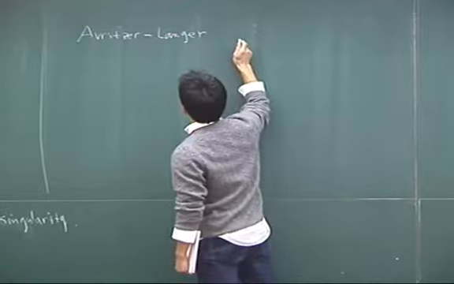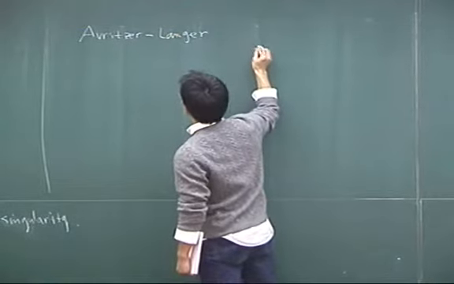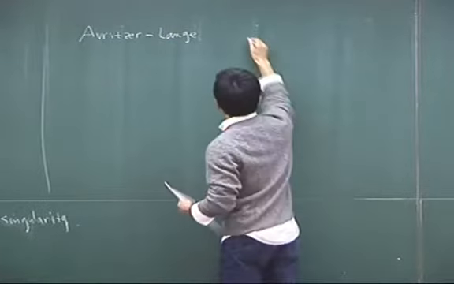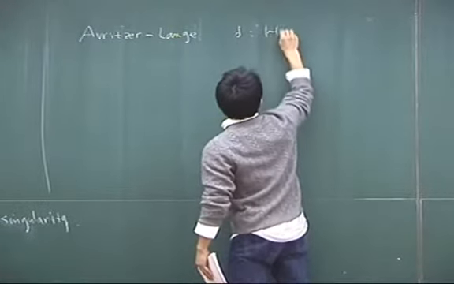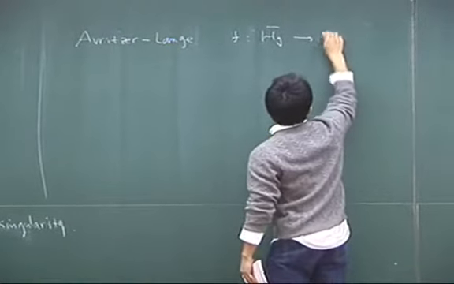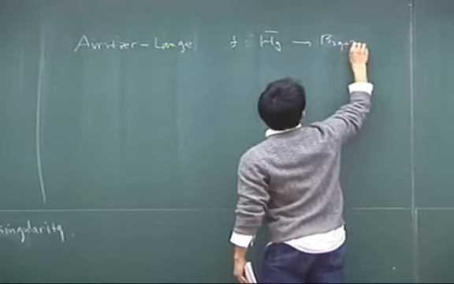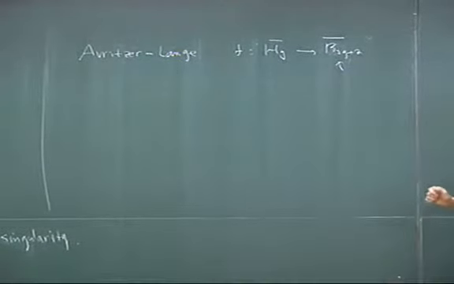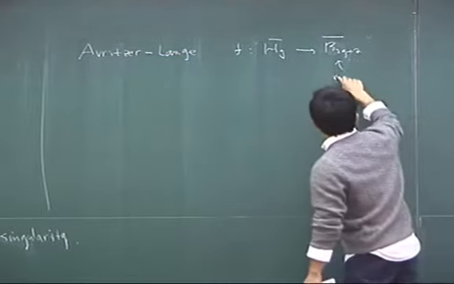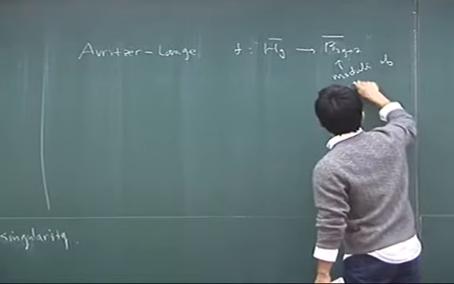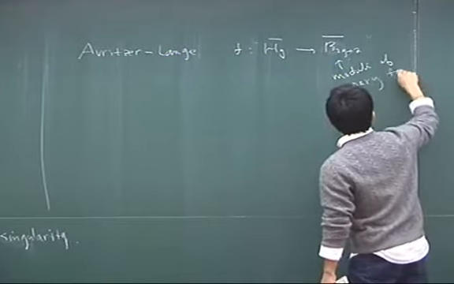So there's a map constructed by Rittatore and Lange. It's from H_g-bar to V_{2g+2}. This is the moduli space of binary forms of degree 2g+2.